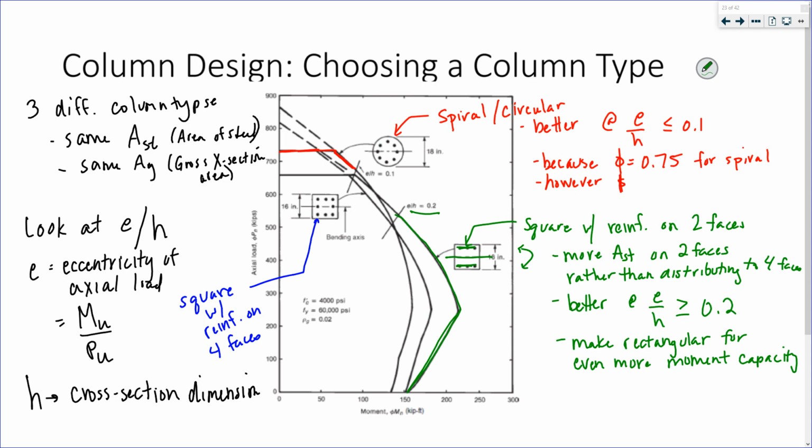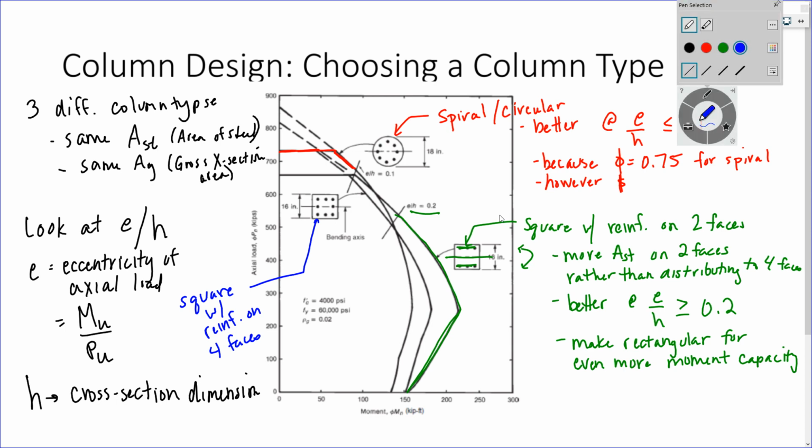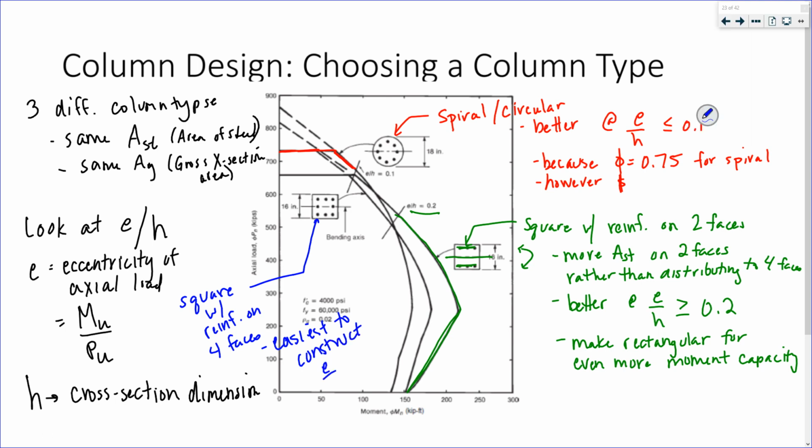So where does that leave square on four faces? Well, they're just the easiest to construct, right? Especially if you have your e over h less than 0.2.